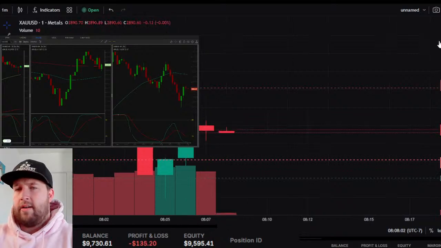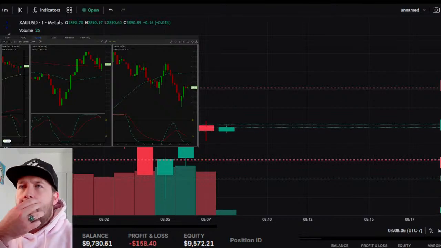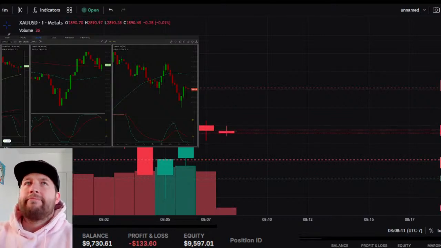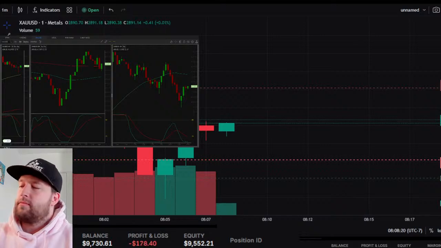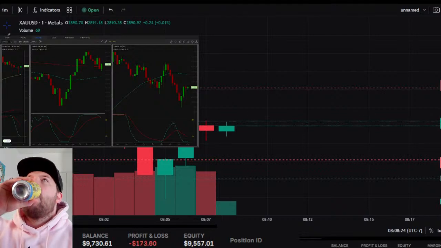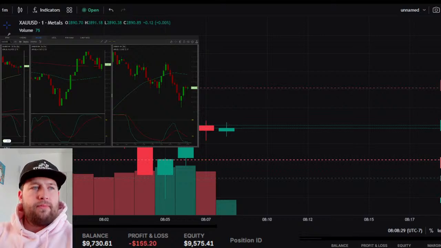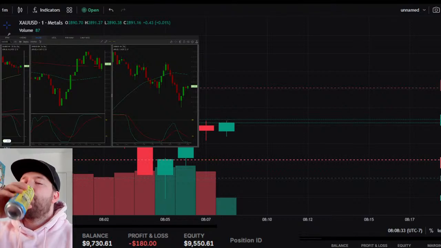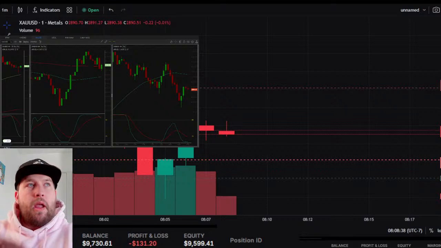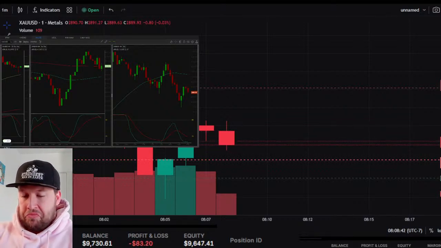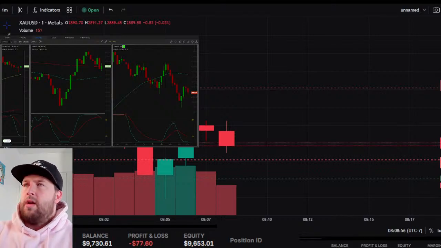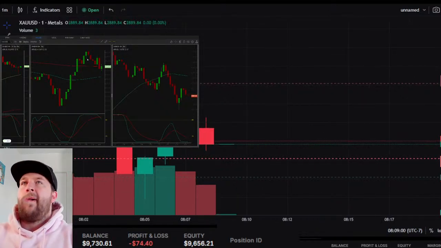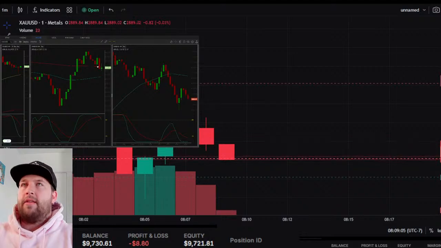Okay, that's still maxed out down there. Breaking through this level again.